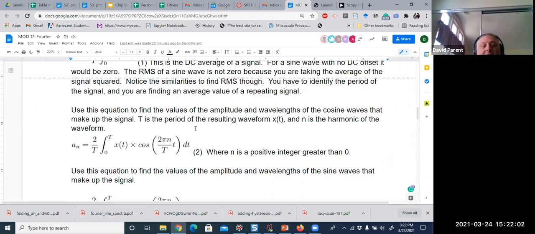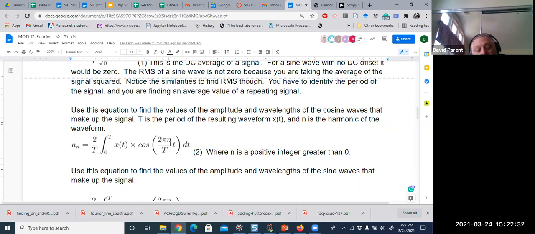Now, how do we find the amplitudes for the cosine waves? Well, we integrate again over the period. We're still finding an average, although for it to work out, it's 2 divided by T, right? So we're still averaging, but rather than just averaging the signal or the signal squared, we're averaging the signal times a cosine.